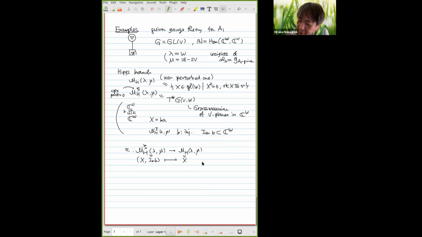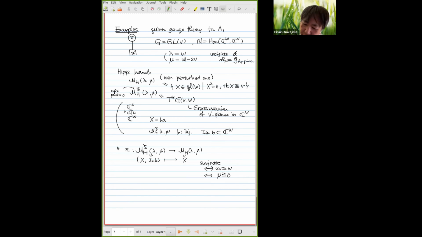And you can also check this is surjective if and only if 2V is less than or equal to W. So this is a good or ugly condition. And in terms of those weights, this is non-negative mu.